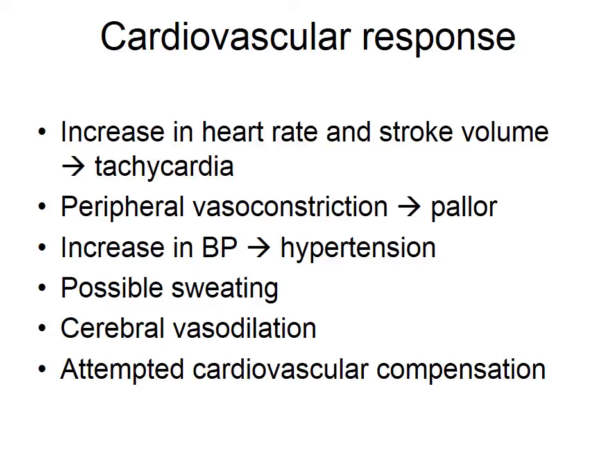So any oxygen that is present can be circulated to the hypoxic tissues as rapidly as possible. Now, because there's increased sympathetic activity, that can also cause sweating as well. So the patient may also be wet and sweaty. These are attempted cardiovascular compensations that will occur physiologically in hypoxia.